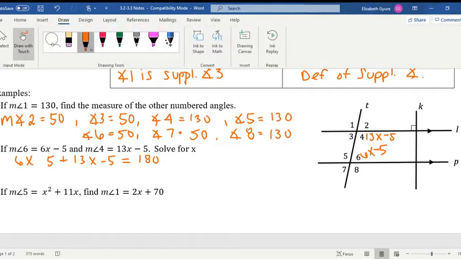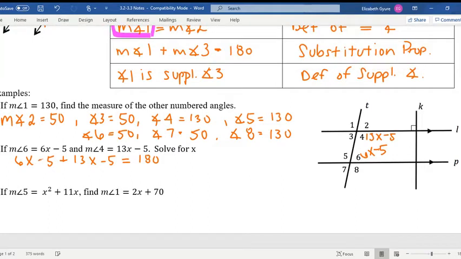Okay. Yep, that would be 19x minus 10 equals 180. Add your 10 over, 19x equals 190. Divide that out, you should get 10. If it had asked you for the measures of the other angles, make sure you plug it back in. Okay, it's an easy little thing to forget about.